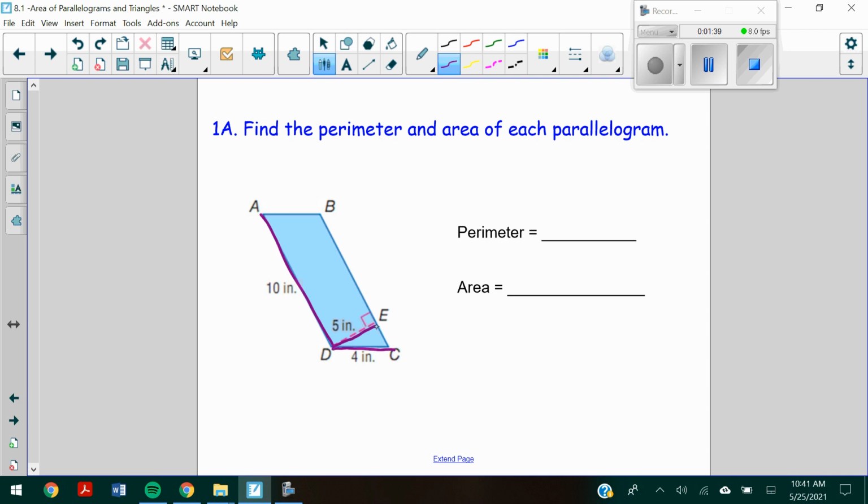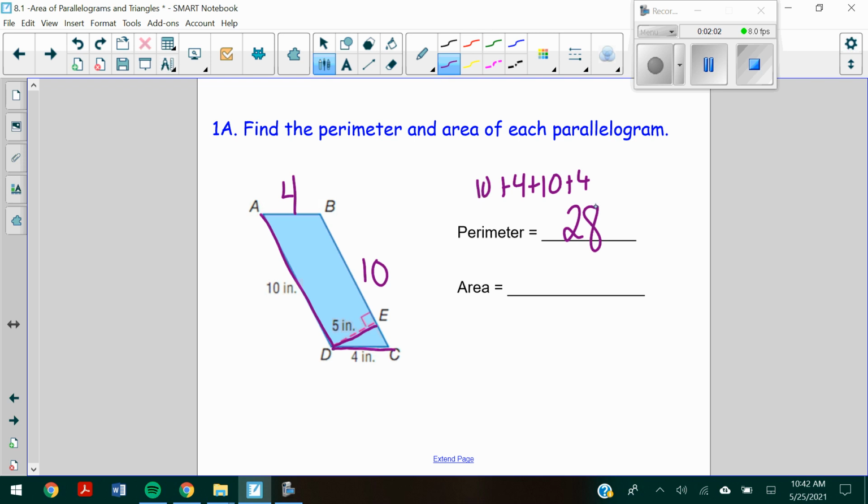We also have the 4 because we are finding perimeter. So the parallel sides are also 4 and 10. So for perimeter, you're going to go ahead and add your 10 plus 4 plus 10 plus 4. Some of you might have said 2 times 10 plus 2 times 4. Both of those work. So we have a perimeter of 28.